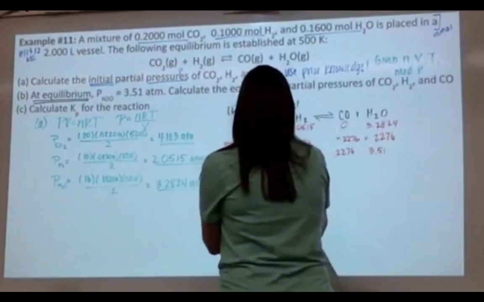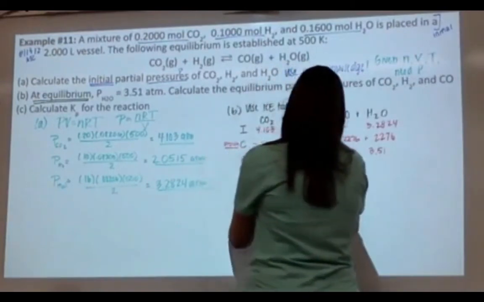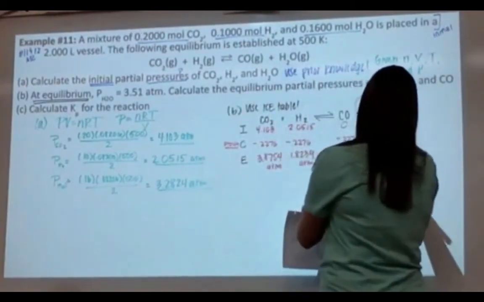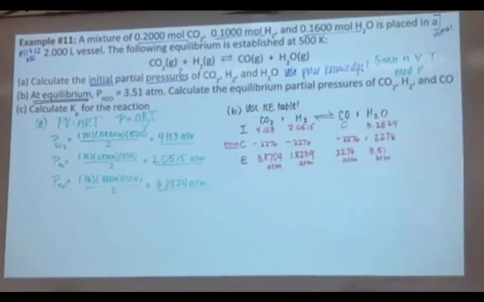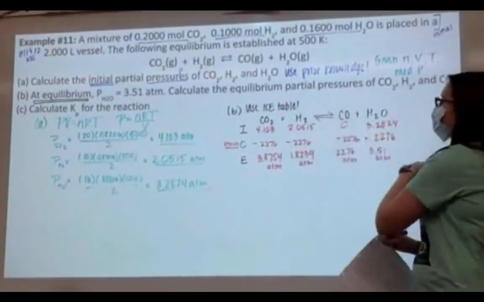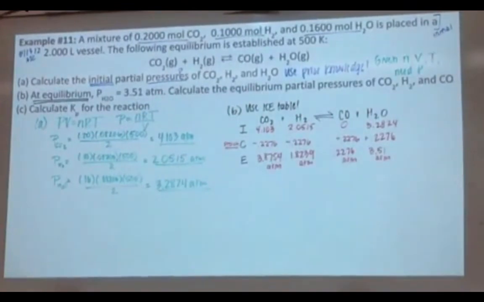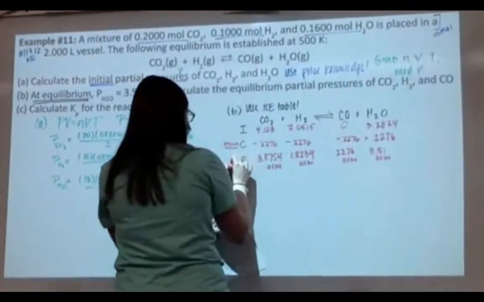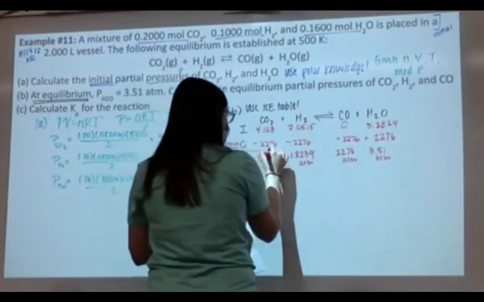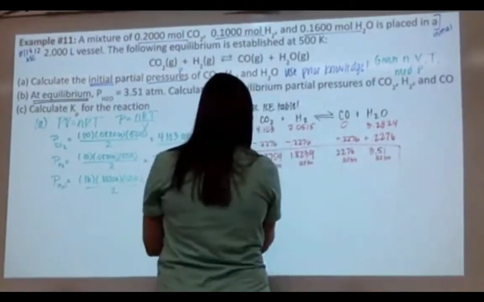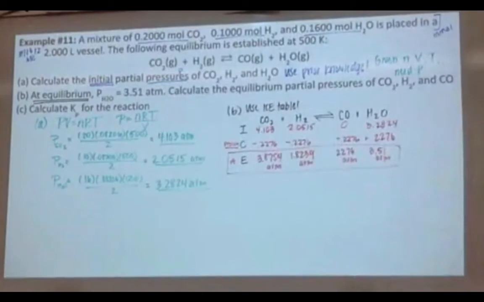And again, this is all ATM. You can only use molarity or atmospheres in an ICE table, and it needs to be the same thing every time. So this, because we were dealing in pressures, was all ATM. Here's part B. This is our answer to part B, this row. So by having the ICE table, you can kind of just box that whole row or put an arrow or star it. But there's our answer to part B.